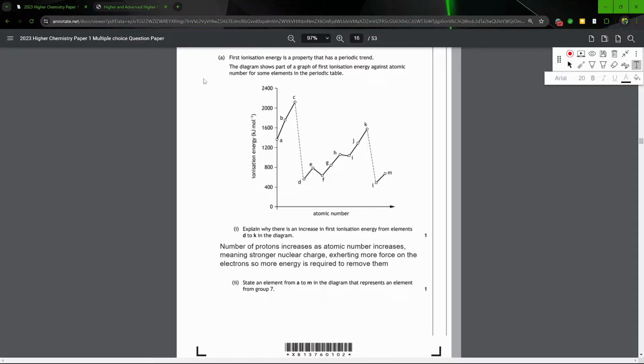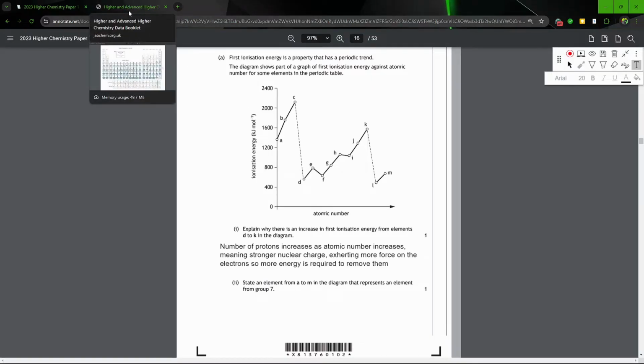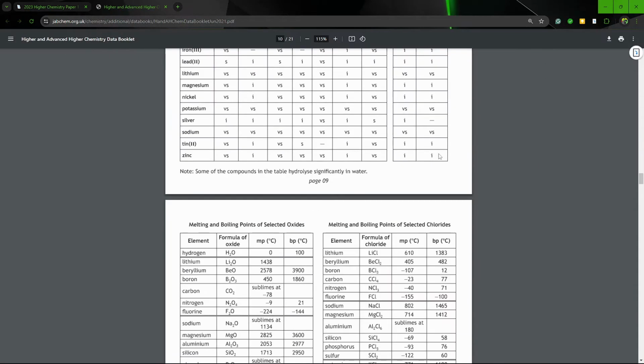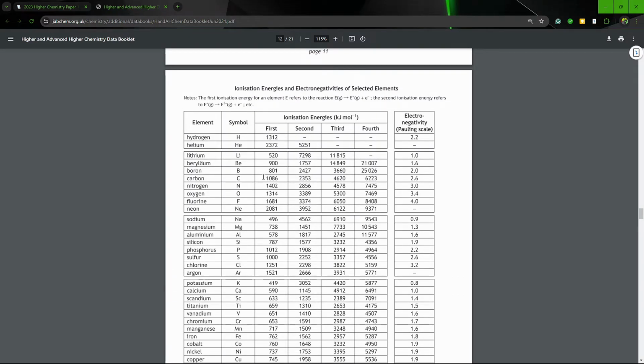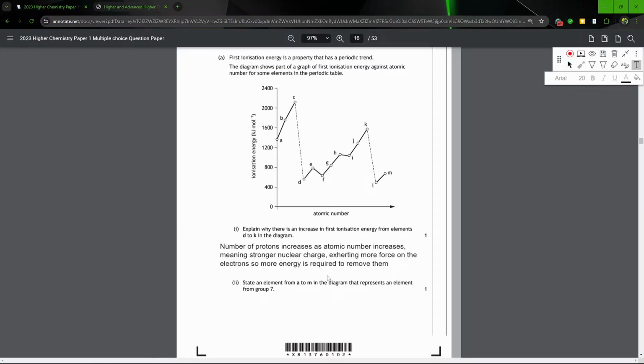So the way we can tell this is if we look at the actual first ionization energies. We can see that it just increases across a whole period. Group 0, the noble gases, would be the highest ones, with full complete outer shells, so they'd be like C or K. So group 7 will be the ones before them, so it'd be B or J.